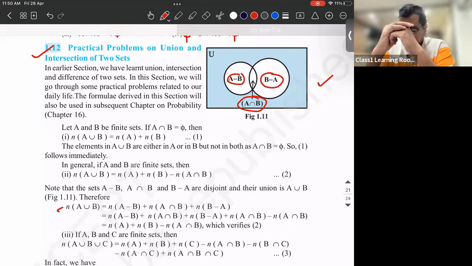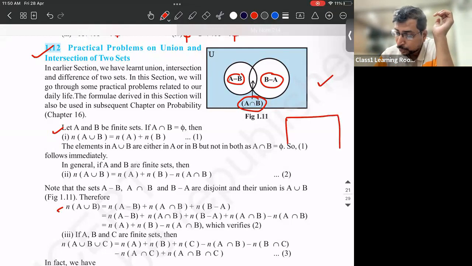Suppose I have two sets A and B, which are finite sets. They have a finite number of elements. Then, if the A intersection B part is a null set, how is the Venn diagram supposed to look? This is one set and this is another set.